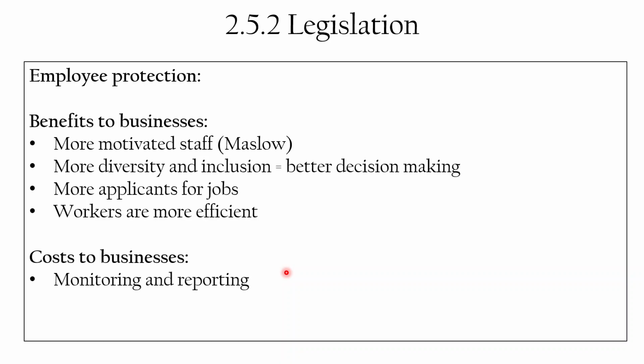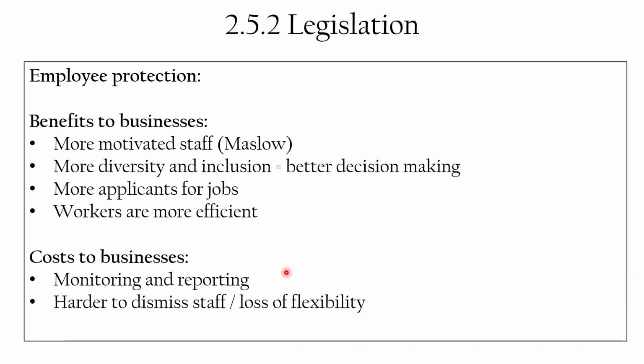The reason is that sometimes people with names that aren't a standard British name might find themselves discriminated against. So you have to adjust your procedures basically. Then you've got to monitor to ensure that people are paid fairly, men and women. You have to report these things, so that is a cost to business.